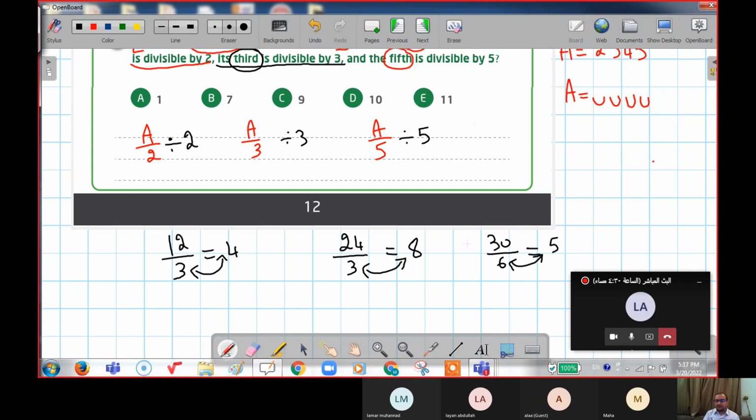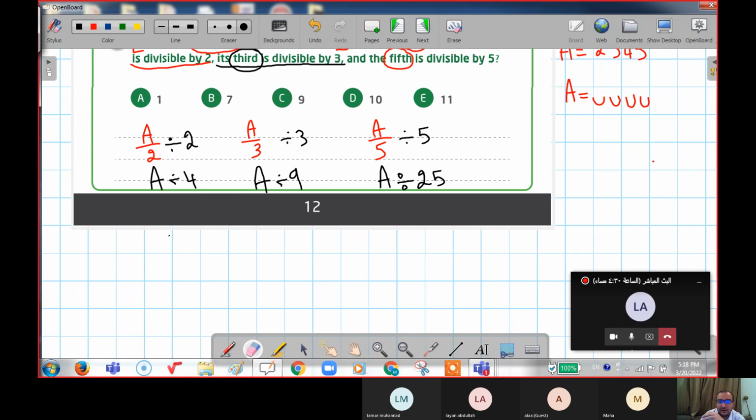But the rule says if A in this example, A over 2, is divided by 2, then A must be divided by what? By 4. And here A must be divided by what? By 9. And finally A must be divided by what? By 25. This is the rule.